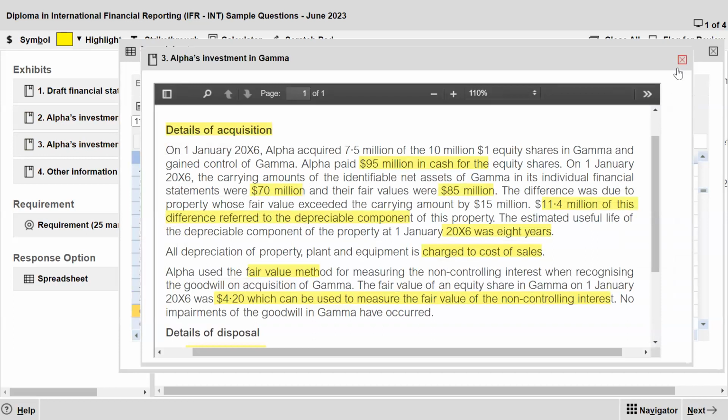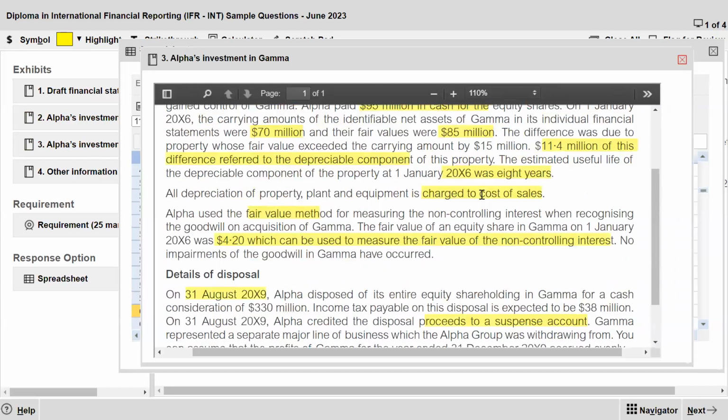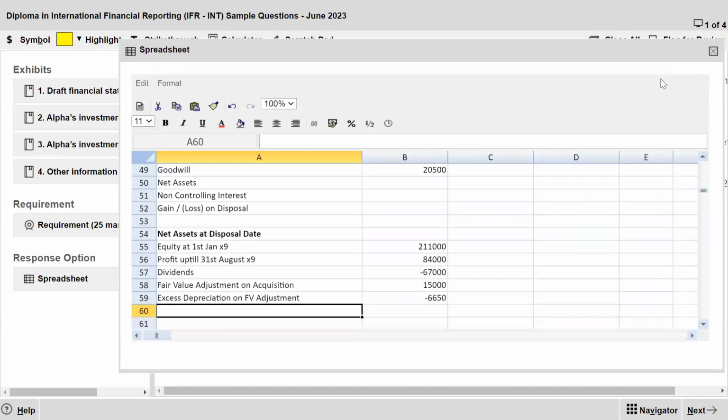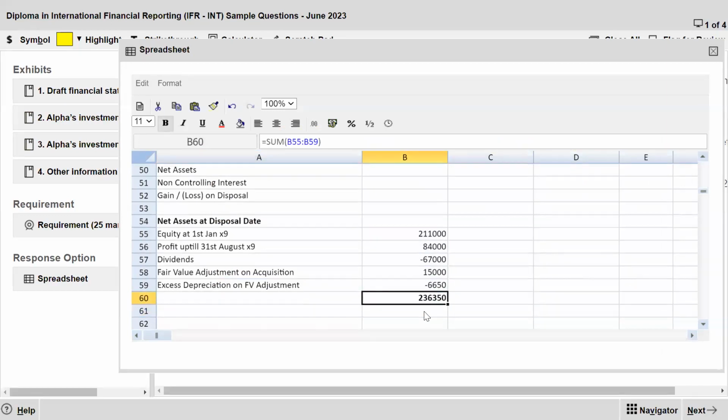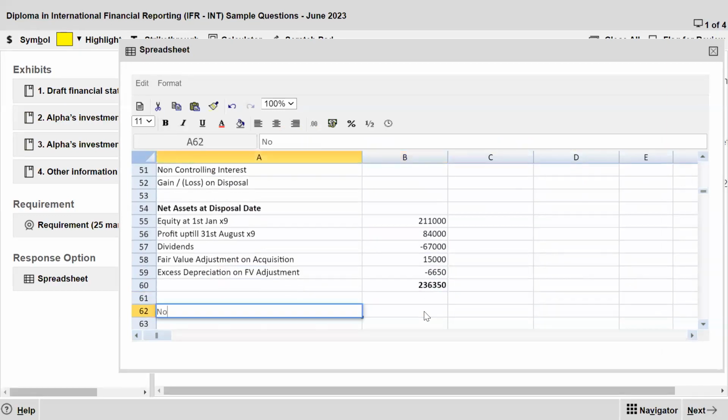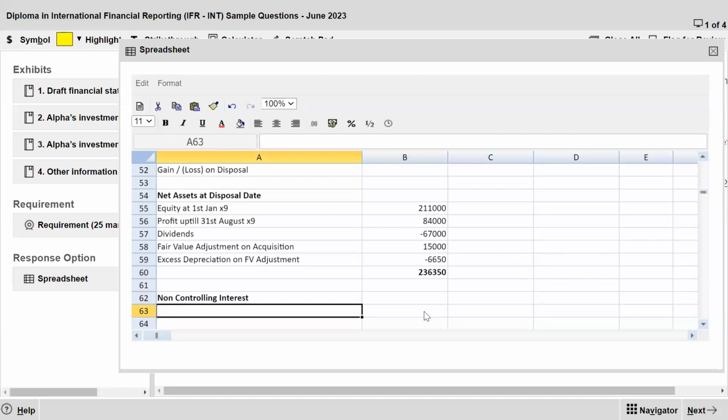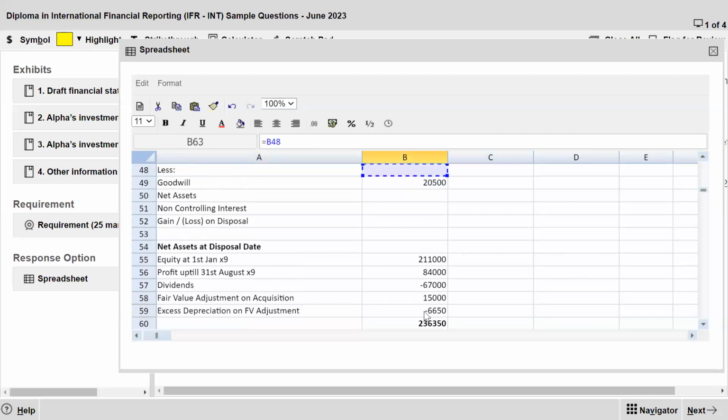Now, what else is there? We need to know the NCI value also. So you will get the net assets at the date of acquisition, which is this. The non-controlling interest at acquisition is like this.